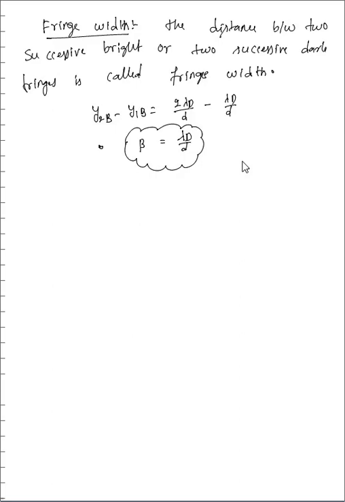Let us check with the dark fringes also: y2 dark minus y1 dark is 3 lambda D by 2d minus lambda D by 2d, which gives 2 lambda D by 2d. Therefore beta equals lambda D by d. You can check for either dark or bright, you will get the same answer.